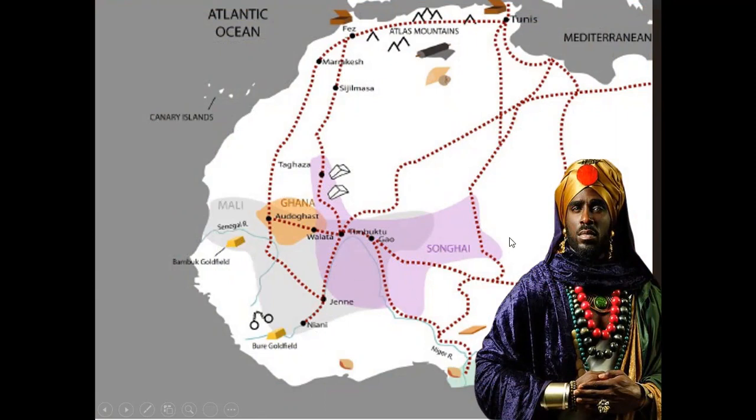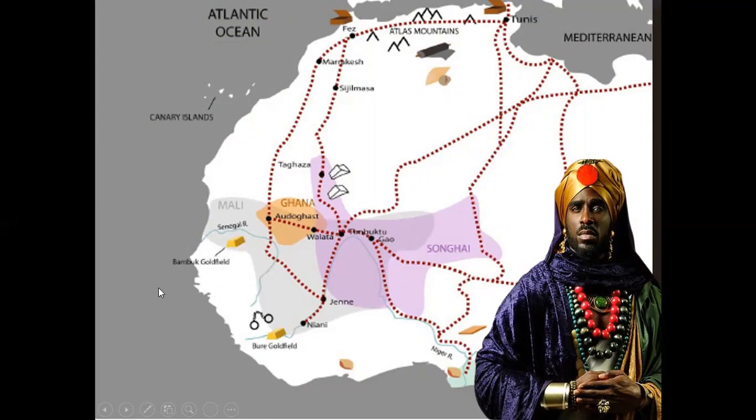Ghana and Songhai are also shown. But we can see that Mali was this blue-gray color. We can see the overlap goes around here. And we can see from these symbols on the map where the gold fields were. We can definitely see that they were just outside of the kingdom.